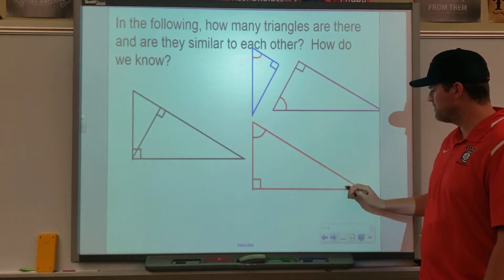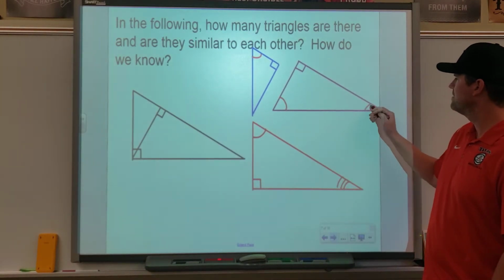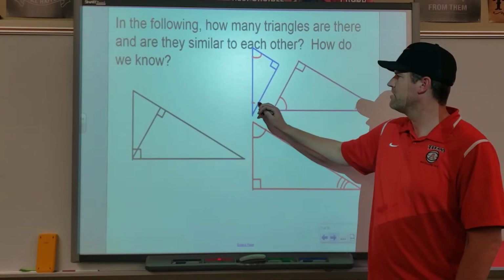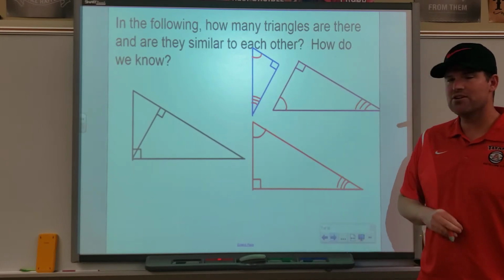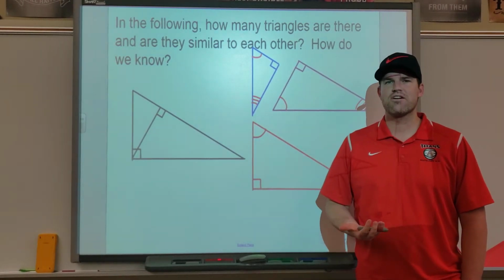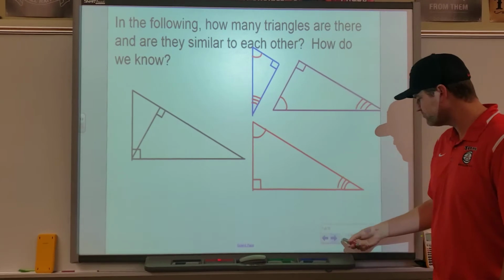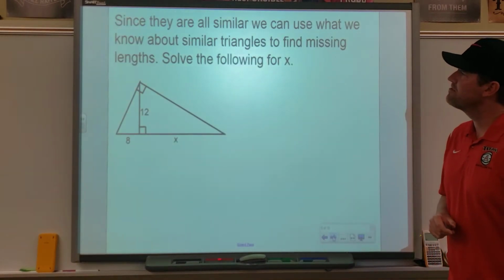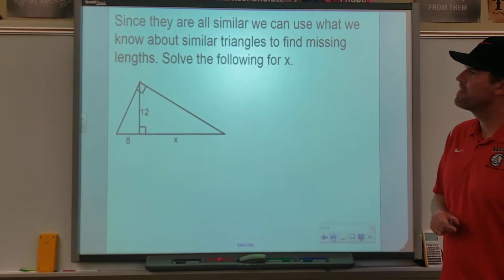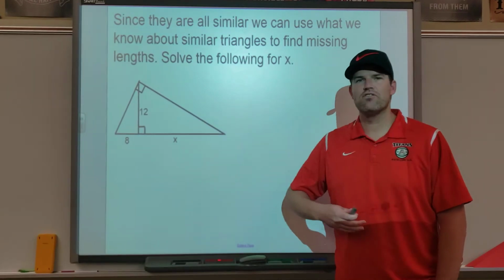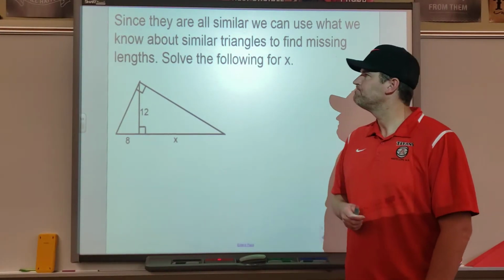Which would also end up meaning that angle and that angle are congruent. And if our angles are all congruent, our triangles are similar. Okay, so now that they're all similar, we can now start to solve for missing pieces.